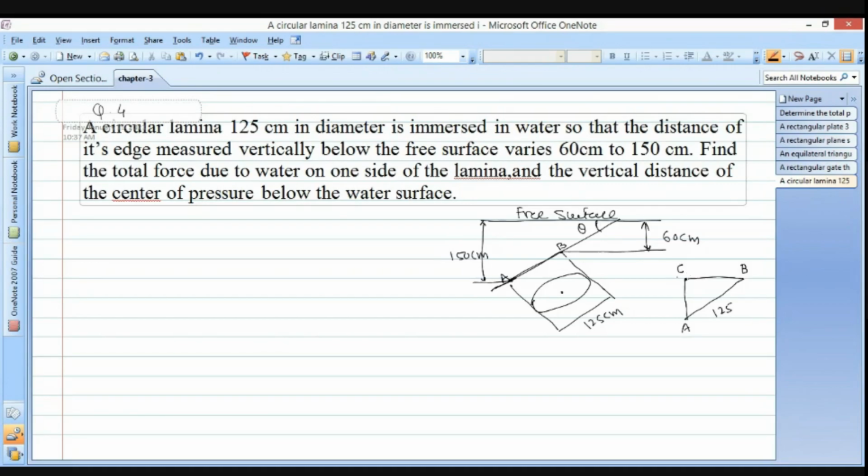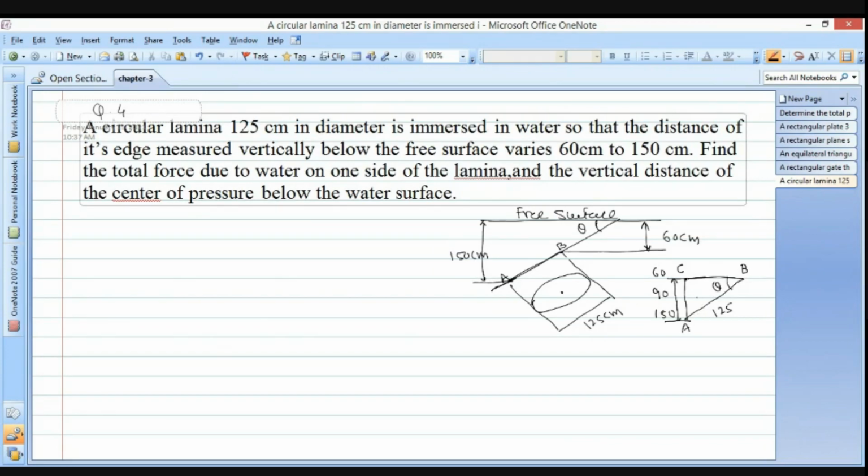From the free surface, the height of point B is 60 and the height of point A is 150. So the distance between these two points is 90 centimeter, and we need to calculate this angle.